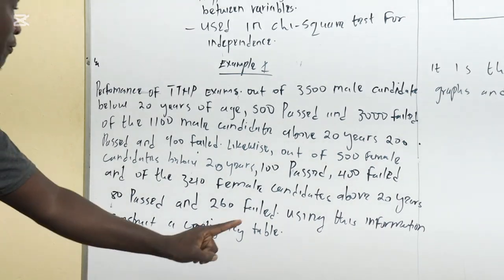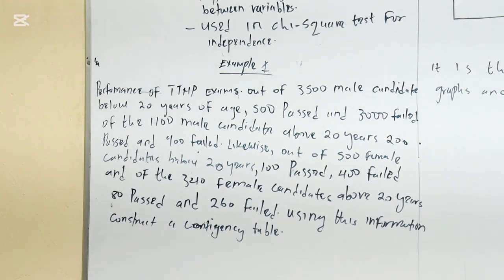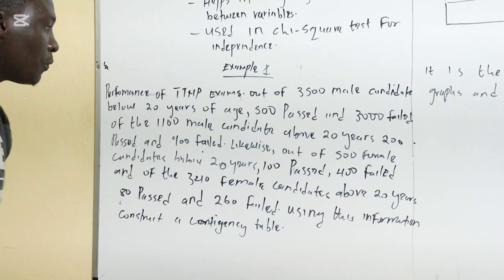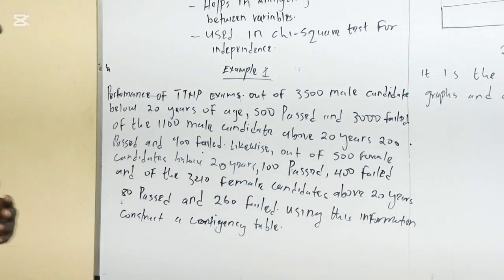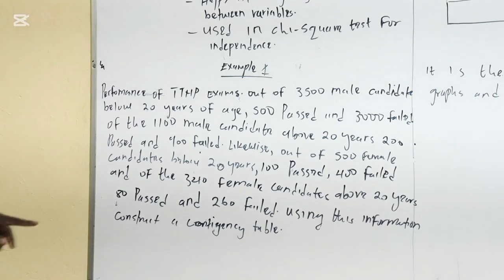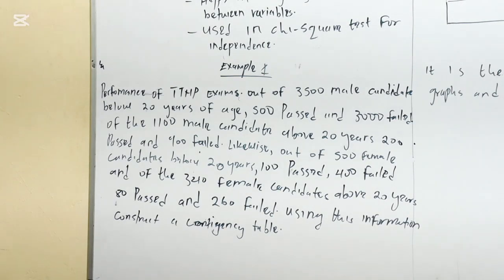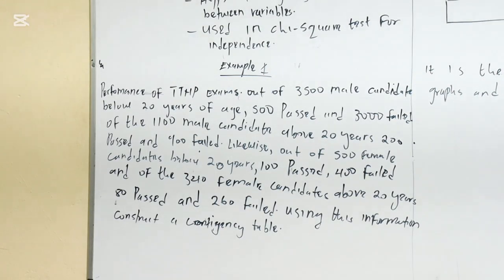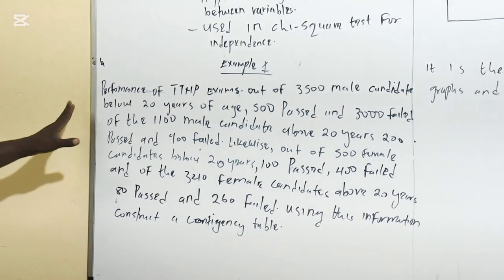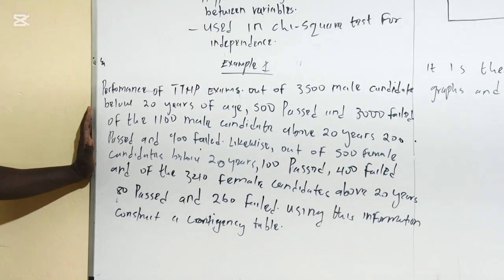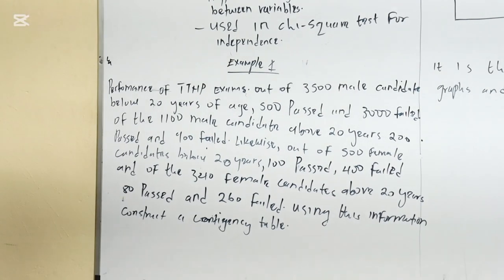Likewise, out of 500 female candidates below 20 years of age, 100 passed and 400 failed. And out of 340 female candidates above 20 years of age, 80 passed and 260 failed. Using this information, construct a contingency table.